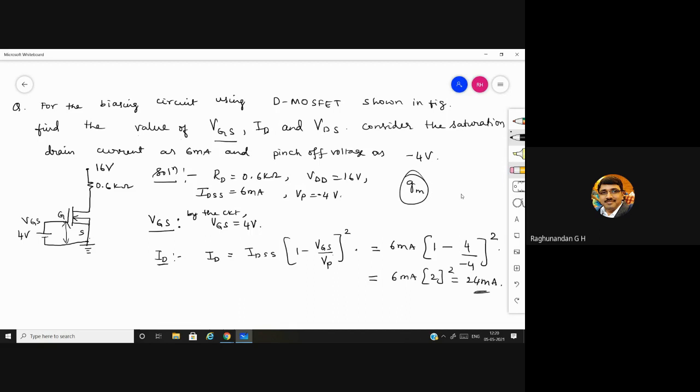Now, to find VDS, how do we do? Can we apply this loop? No chance. VDS means what? The voltage between these two. Apply KVL to the outer loop. So we get VDD minus ID RD minus VDS is equal to 0.